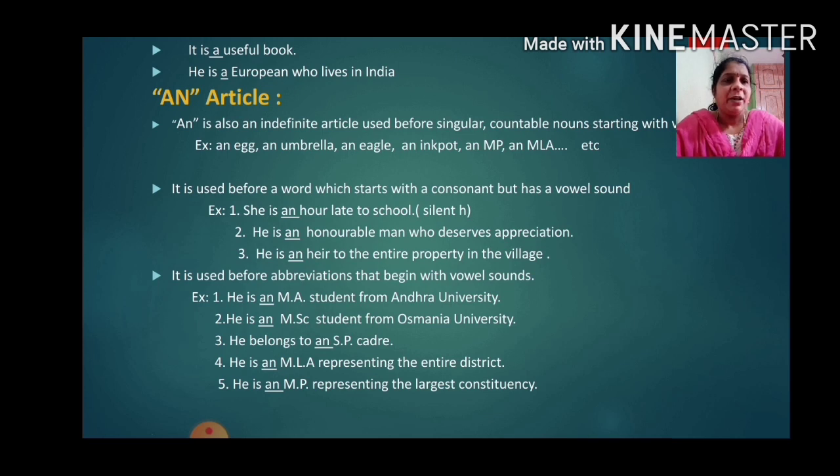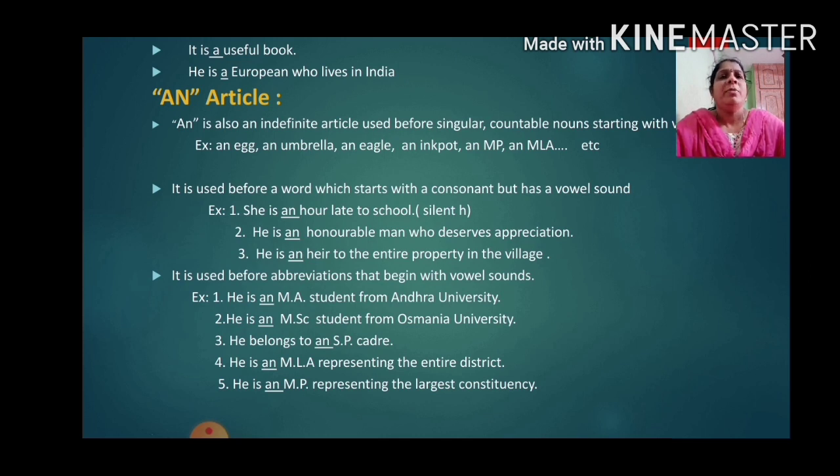But MP and MLA are abbreviations. Though they don't start with vowels, they have the sound of a vowel. That's why we use the indefinite article an. This should be noticed properly and understood clearly.